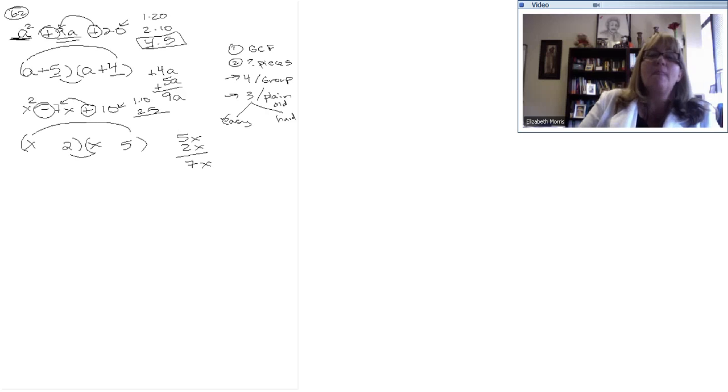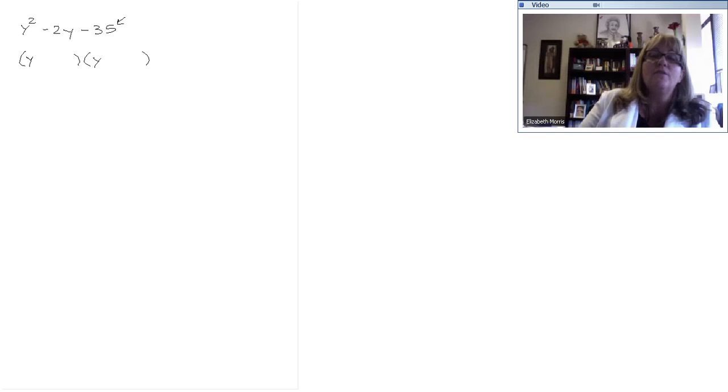All right, let's try some more. The more you see these, the more they'll make sense. Okay? What if I had y squared minus 2y minus 35? Okay? We know in order to get the y squared, this is the easy kind. There's nothing we can take out. 3 pieces, easy kind. It's y and y.